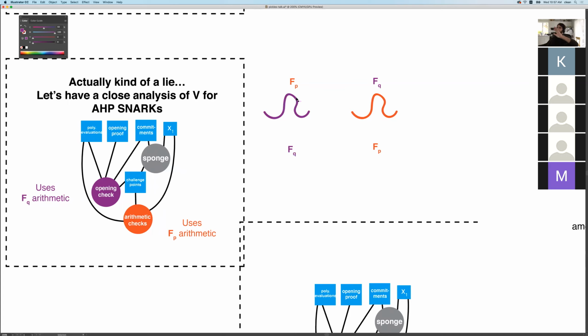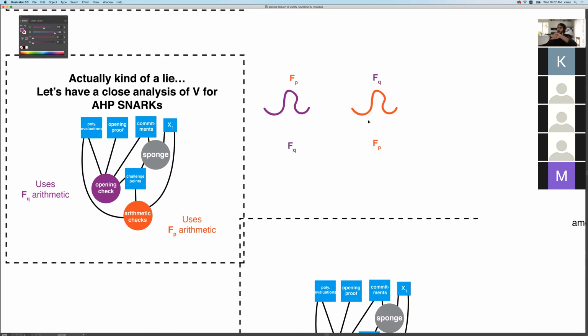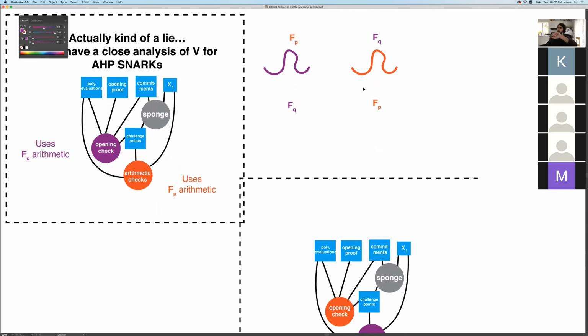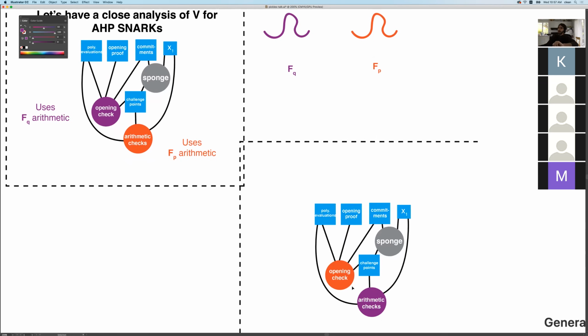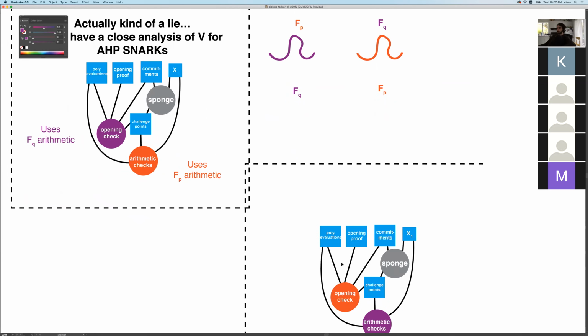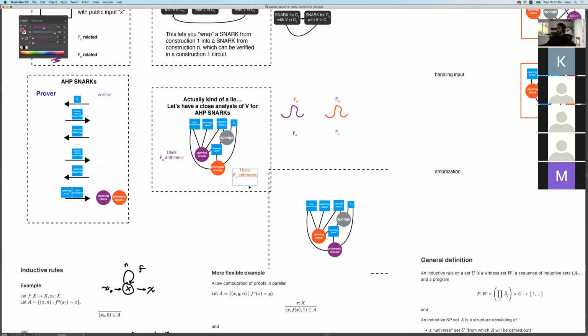It's going to come from two elliptic curves. This elliptic curve will let us certify FP arithmetic, and this elliptic curve will let us certify FQ arithmetic. And each one covers the other one's weaknesses in terms of what kinds of computations we have to verify. We'll do a really close analysis on this, and I hope it will become clear in a minute what's going on.